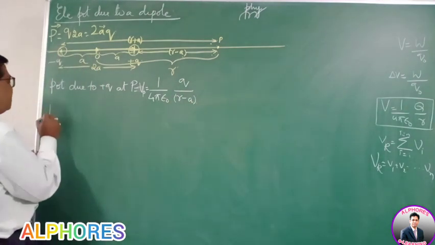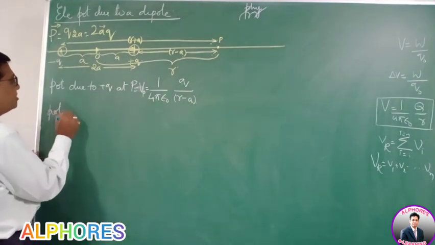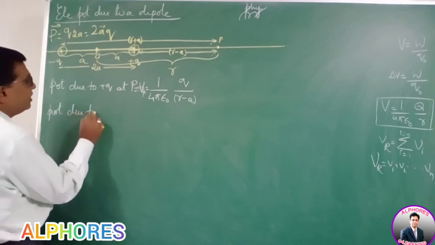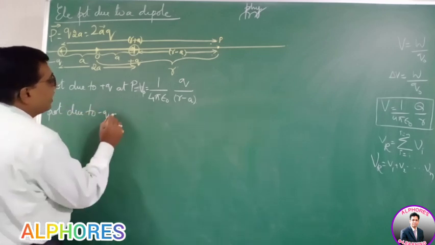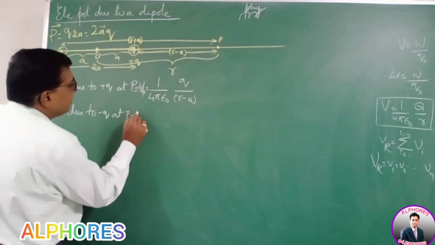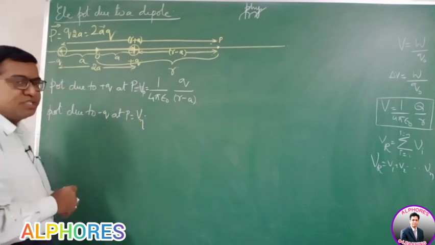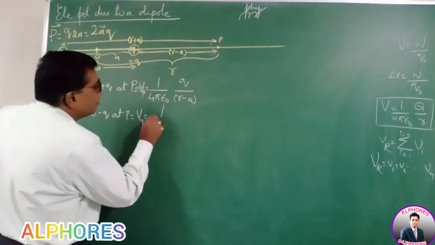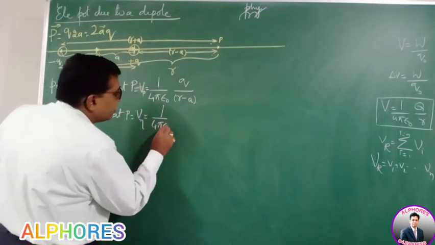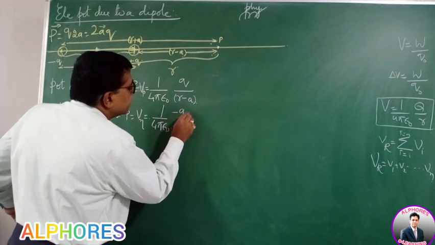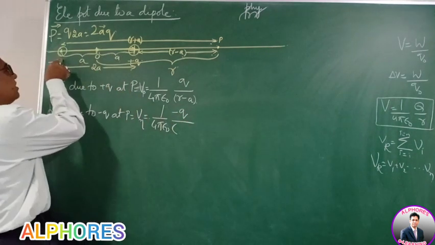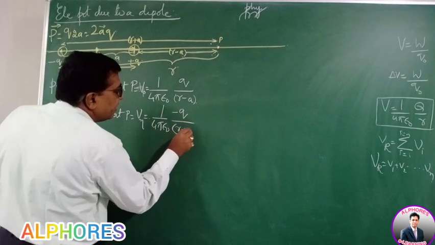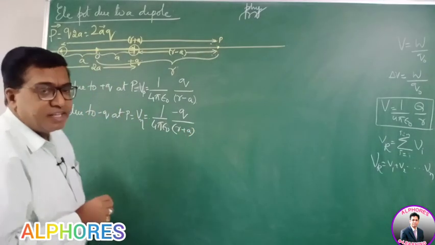Similarly, the potential due to the negative charge, minus q, at point P, let's say Vn, is 1 by 4 pi epsilon naught, minus q by r plus a, the distance from the negative charge. I was telling you, potential is a scalar.